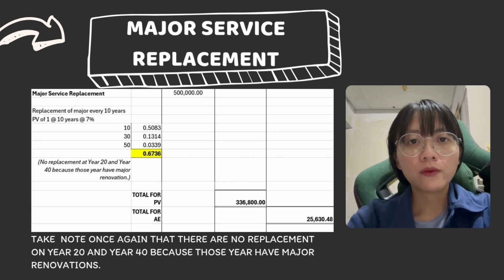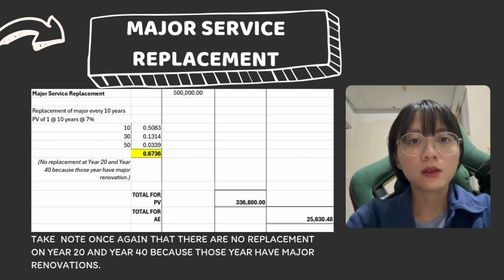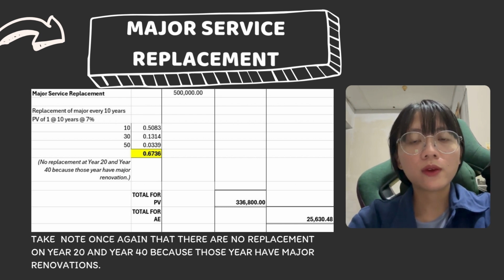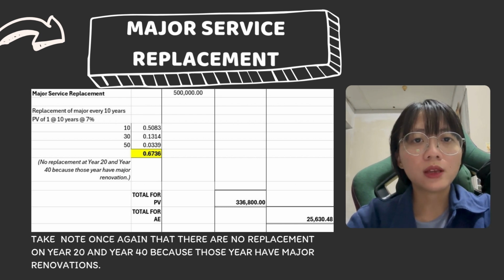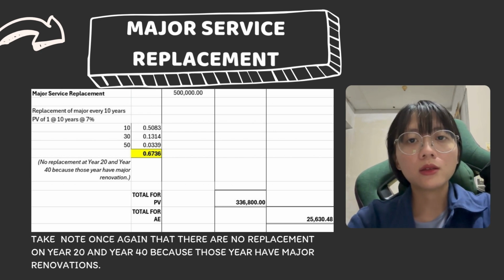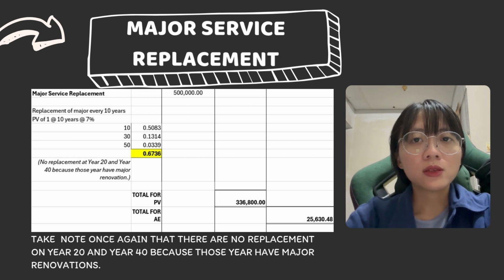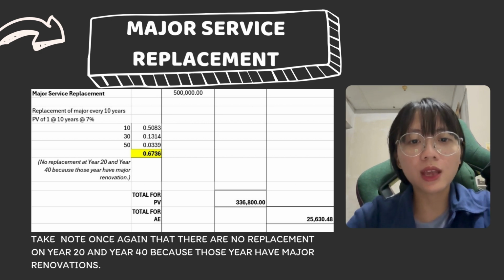Therefore, 500,000 ringgit times 0.6736 times 0.0761 equals 25,630 ringgit and 48 cents. This means the major service replacement contributes an equivalent annual cost of 25,638. No, it's not 38.